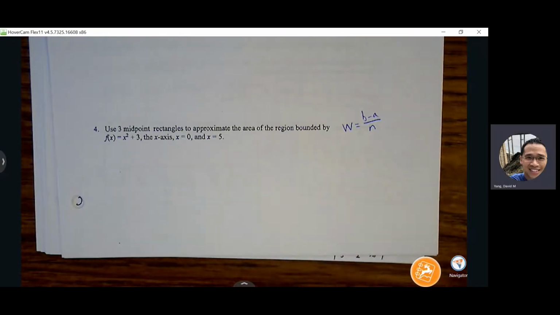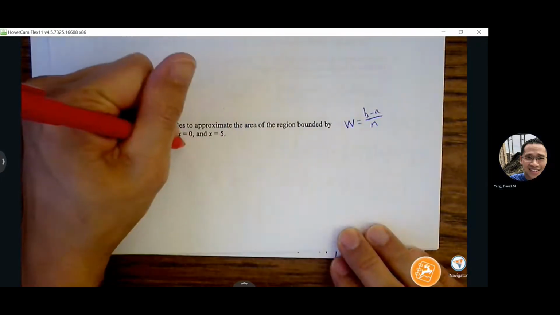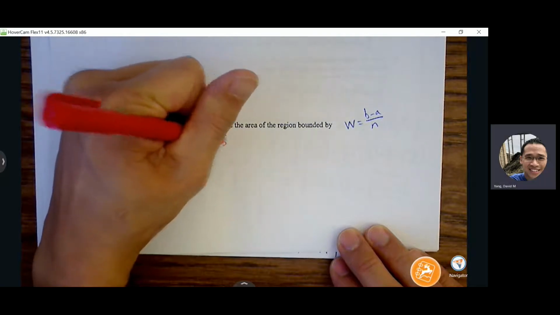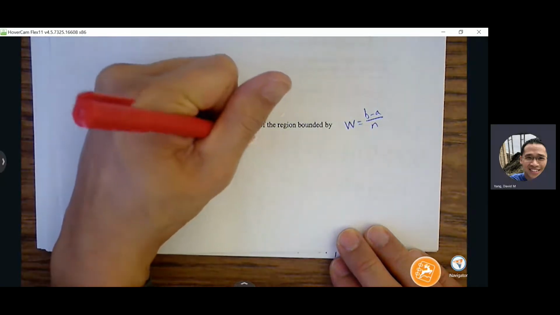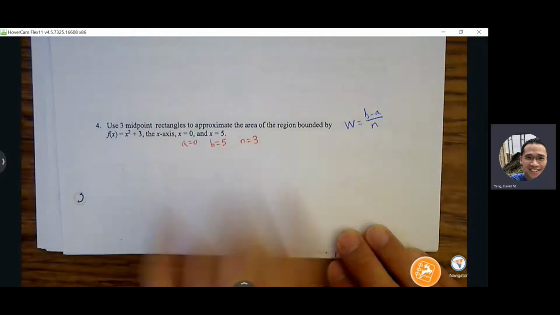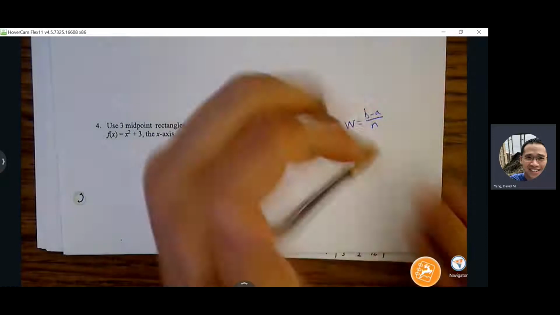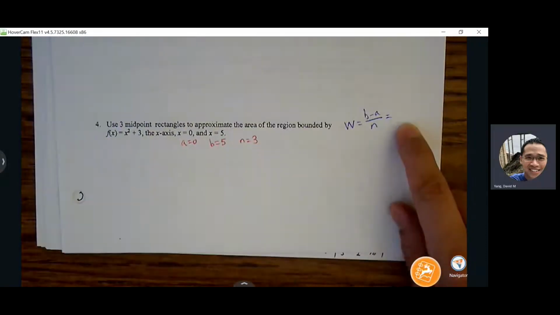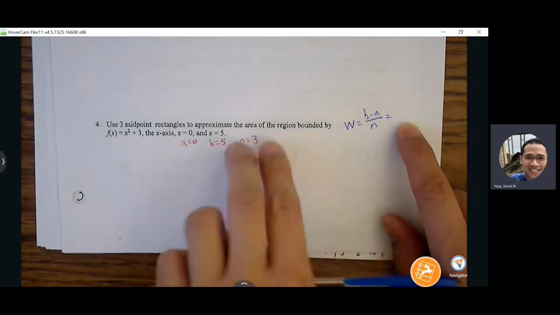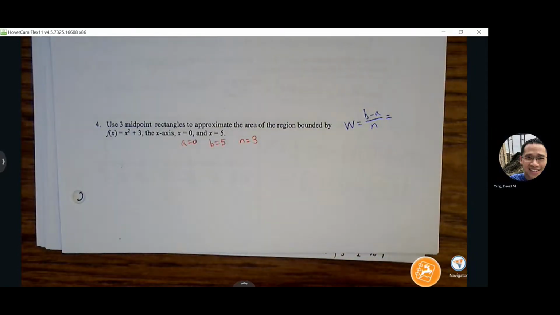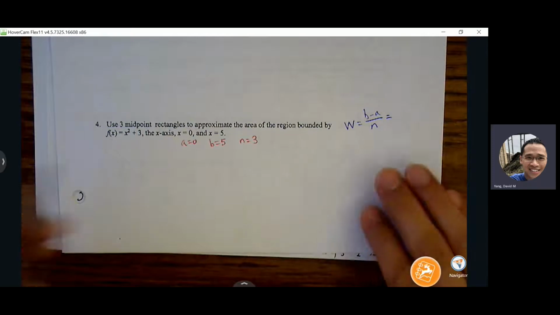Okay, so our a and b values are given to us, as well as our n value. a is 0, b is 5, and n equals 3. Okay, so b minus a over n. This will allow for us to create widths that are the same all the way across.